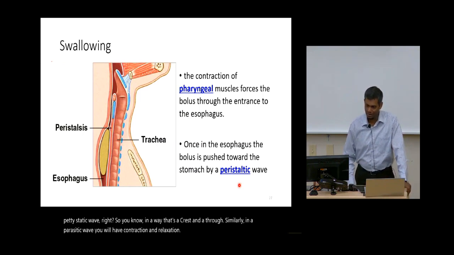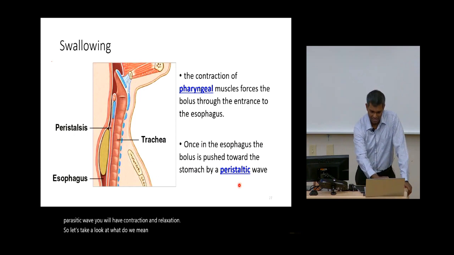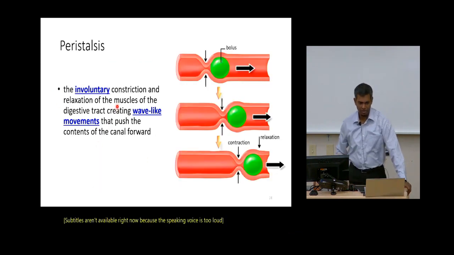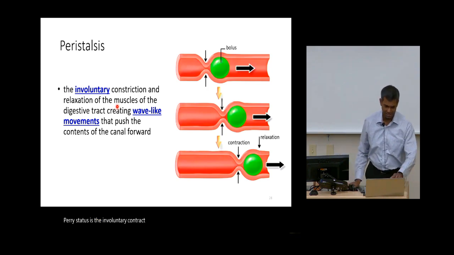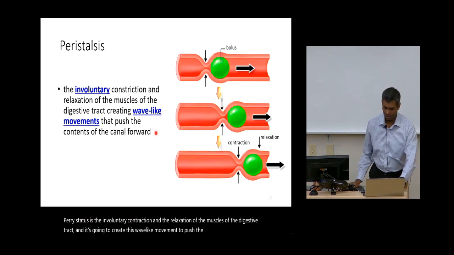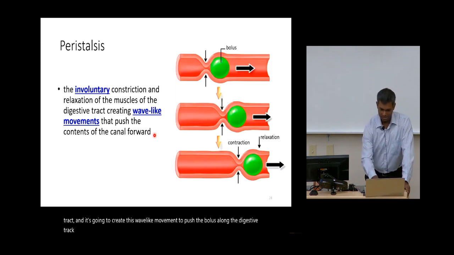So let's take a look at what we mean by peristalsis, right? Peristalsis is the involuntary contraction and relaxation of the muscles of the digestive tract, and it creates this wave-like movement to push the bolus along the digestive tract. So let's see how this happens.